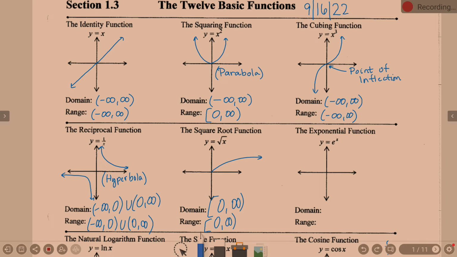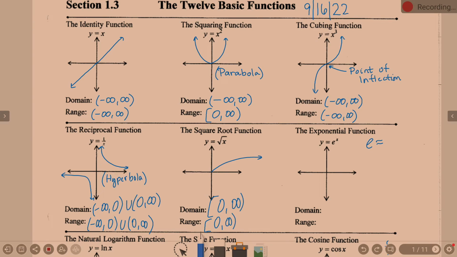So realize exponential function, that e, what is e? Do you remember? E is called the natural number. When we did logs, I taught you e.